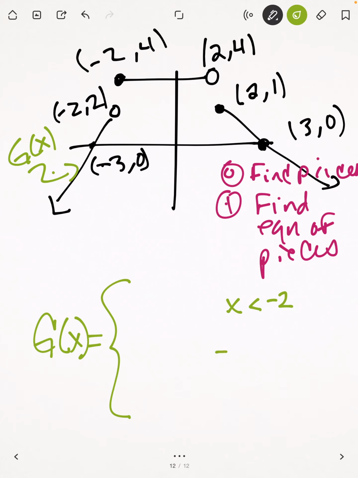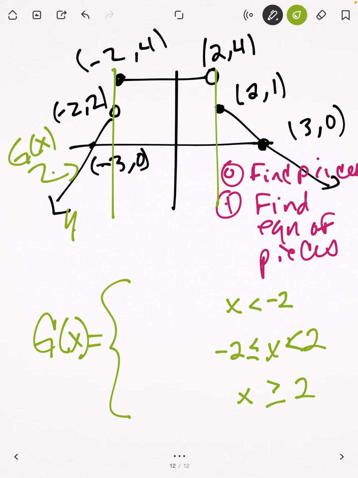We have it whenever x is between -2 and +2. Oh, I need to write an x in there. And then we have a piece for when x is bigger than or equal to 2. Right? And that I found by looking at this point and that point. And so those are our 3 pieces of our function.